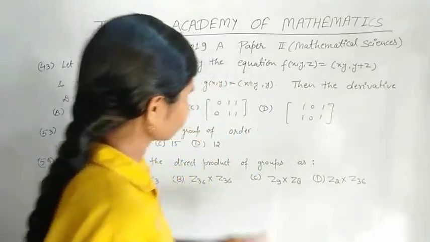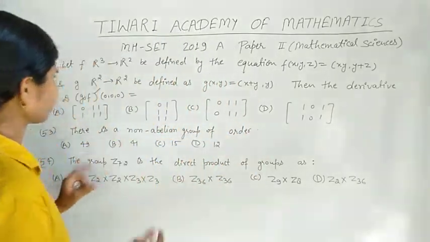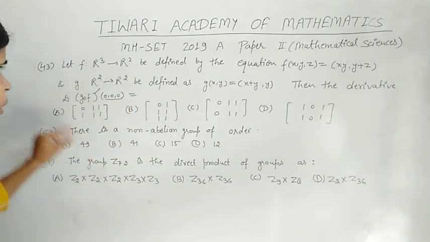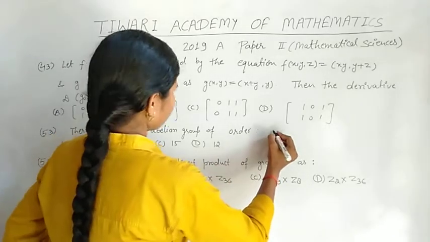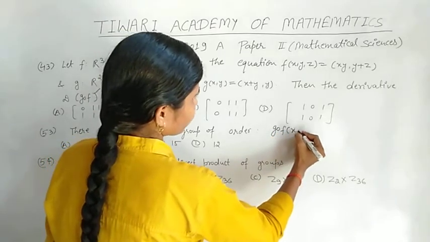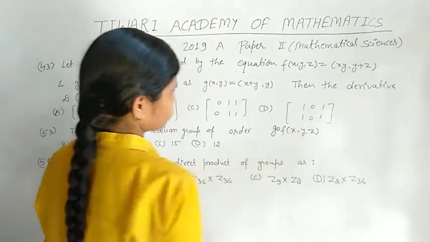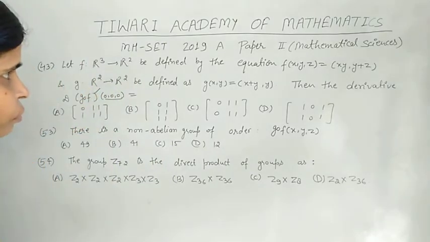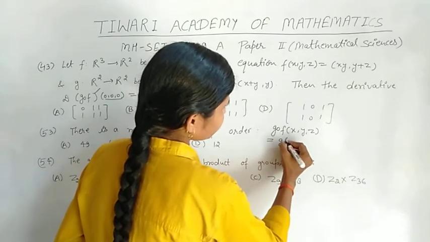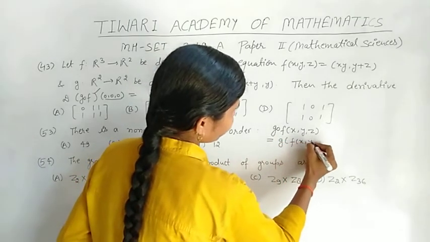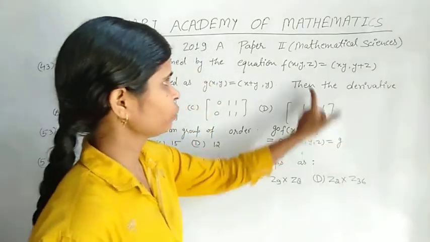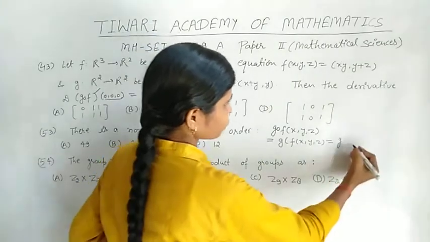First of all, we check at the point (x,y,z) the derivative of the composition g circle f. First of all, we find g circle f of (x,y,z). This is equal to g of f(x,y,z), which is g of (xy, y plus z).